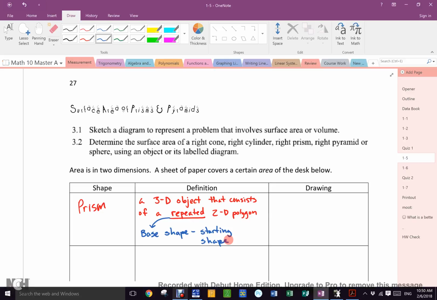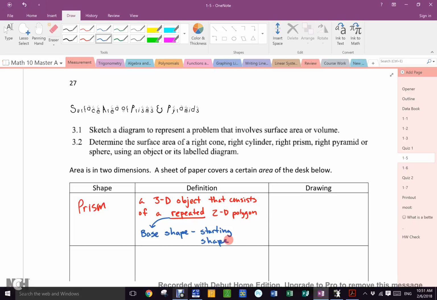So you would measure a rectangle big enough to go around me and then repeat that rectangle all the way up, yes? If I lie down, the base becomes whichever way is down. I could still do a rectangle around me and repeat it this way, couldn't I? Or I could do a rectangle around myself on the ground and repeat it up. But the base is just where it stands. But the base shape is the shape that repeats. Is everybody good with that? Everyone's cool?